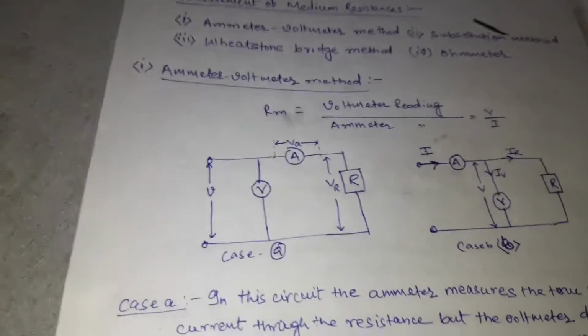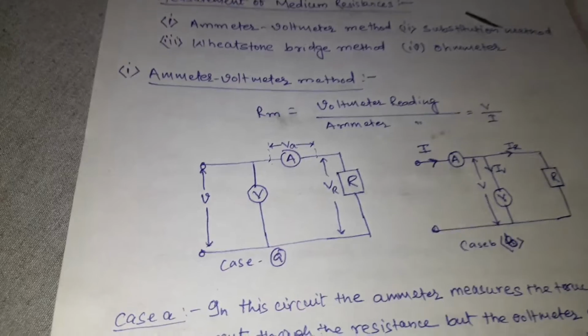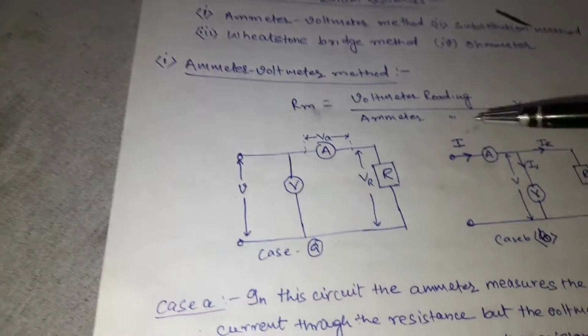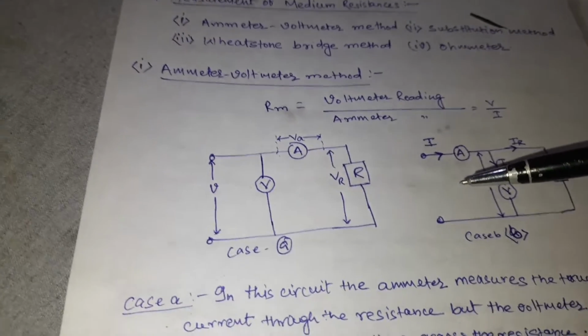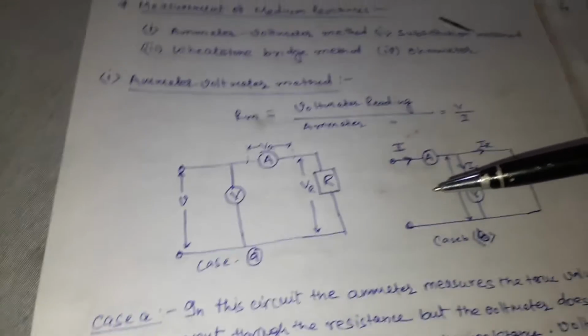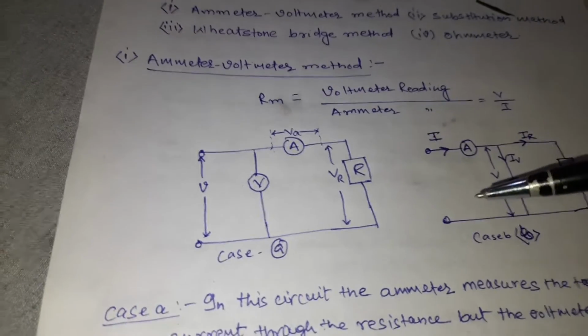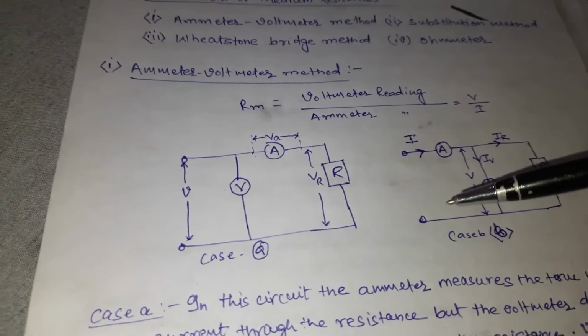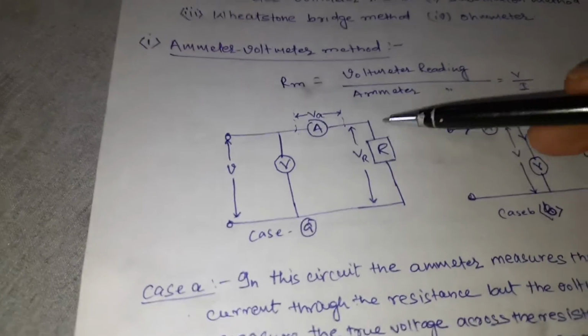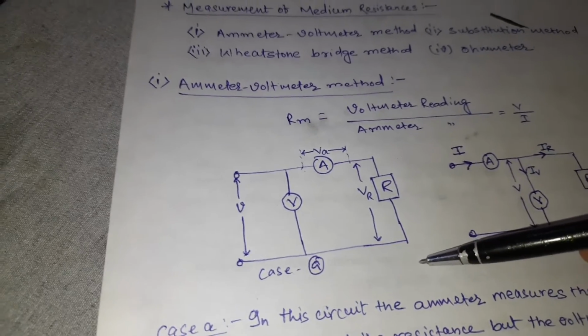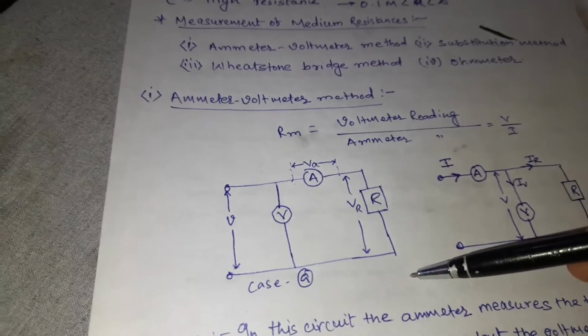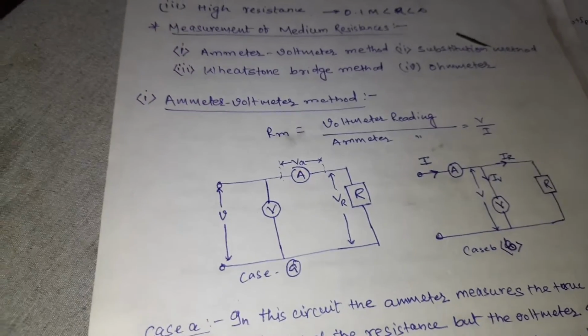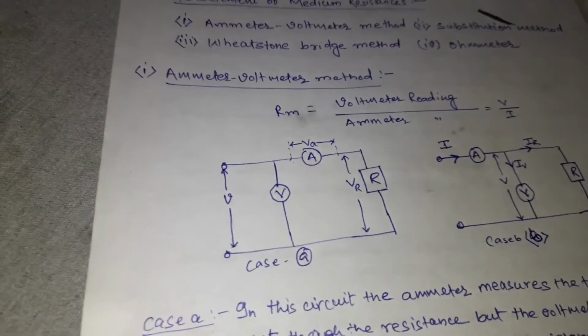There are two ways of connection to find the medium resistance using the voltmeter and ammeter method. Suppose this is the unknown resistance that you have to measure. There are two ways to connect the voltmeter and ammeter.